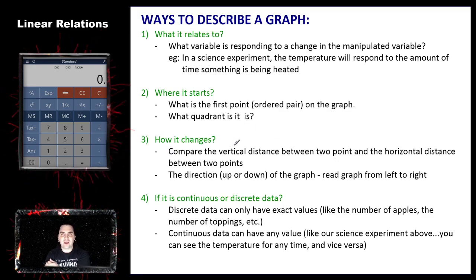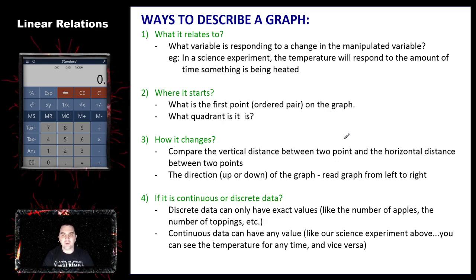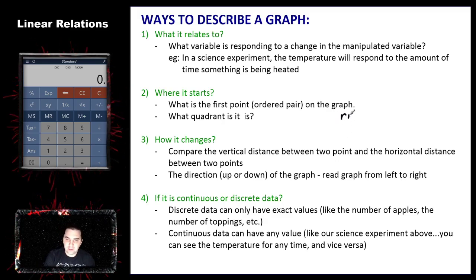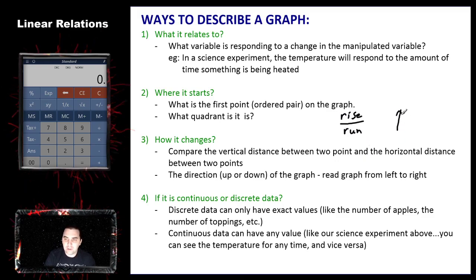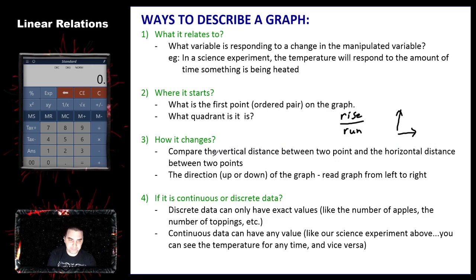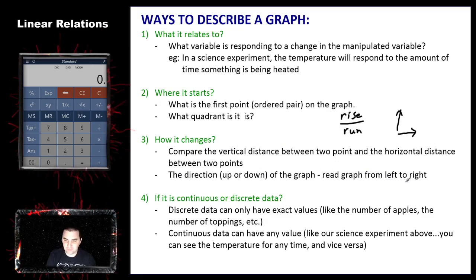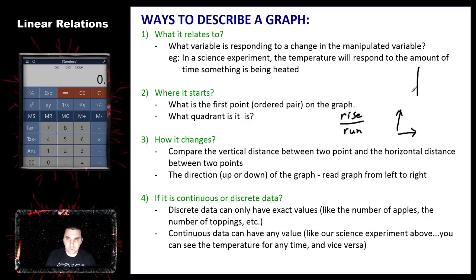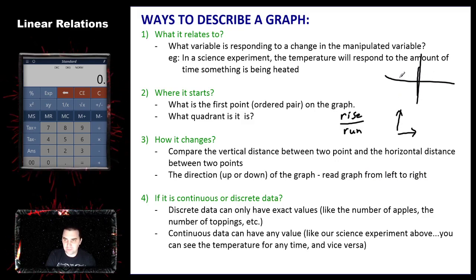The third piece, how does it change? And by change, I mean rise and run. You should remember that from the past. Rise over run. We're talking about the slope here. How much does it go up for each step that it goes to the right? So that's going to be important. The direction, up or down of the graph, you read it from left to right. So you have your Cartesian plane here.